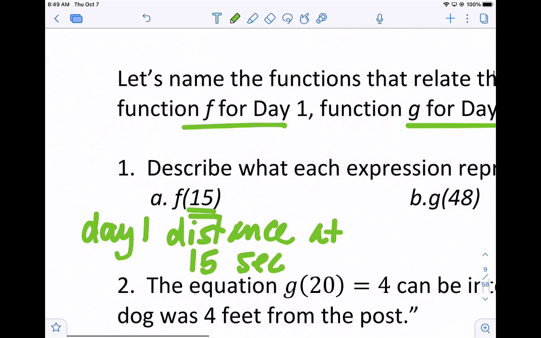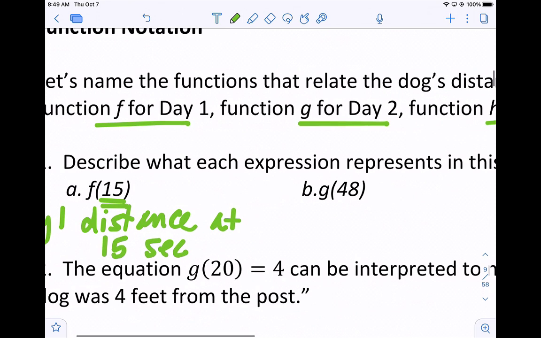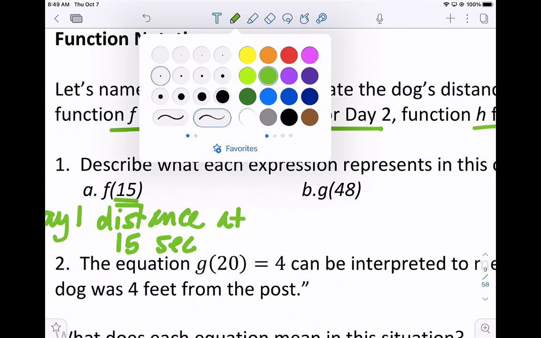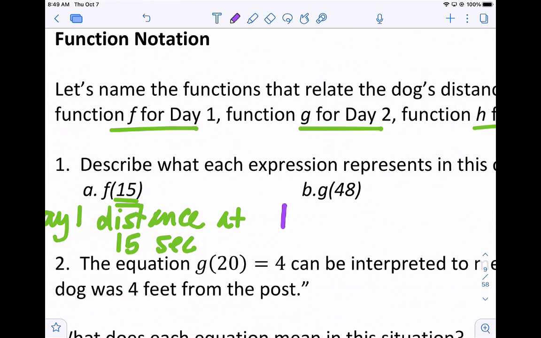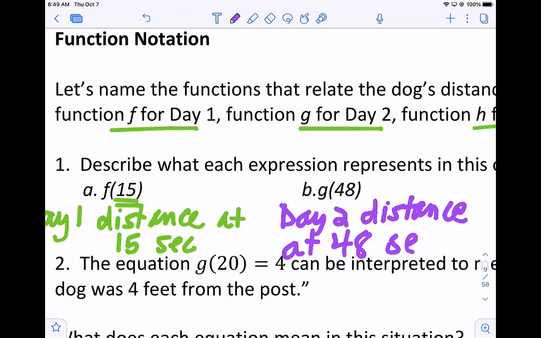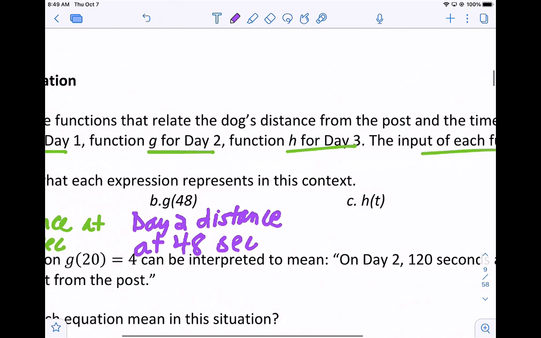Okay, so this is a much shorter way of writing it. f of 15, what's the distance at 15 seconds? g of 48 would be what's the distance on day 2, so day 2 distance at 48 seconds. And then h would be day 3 graph at time t.